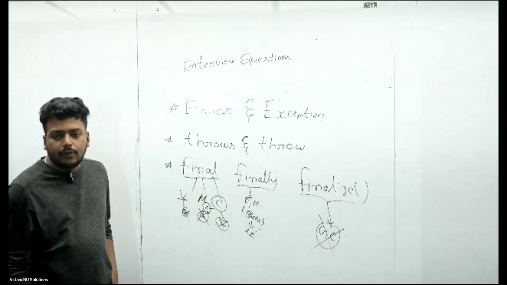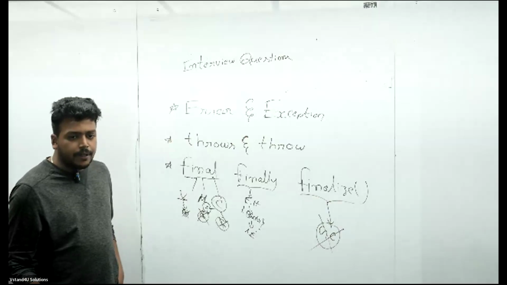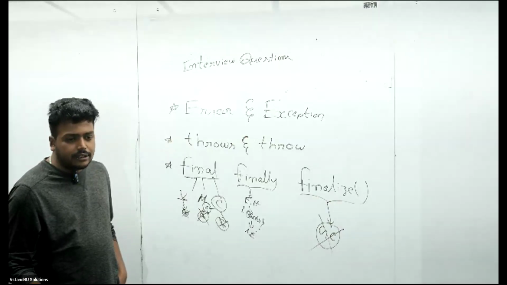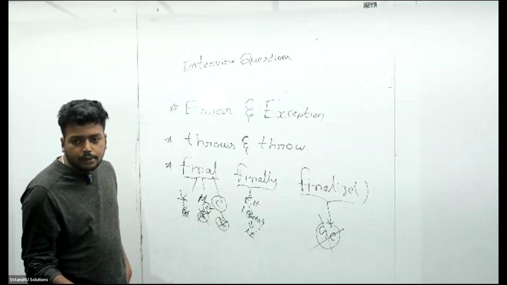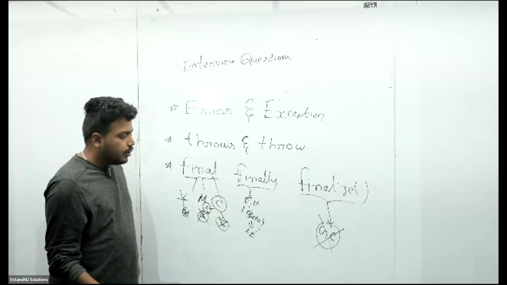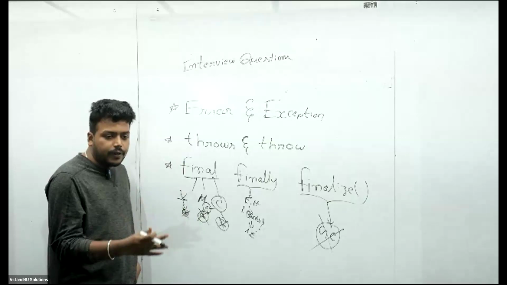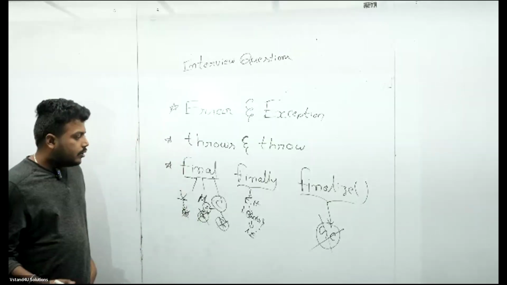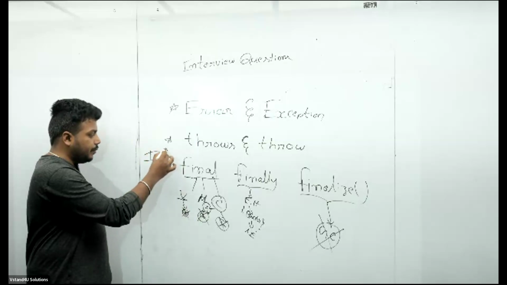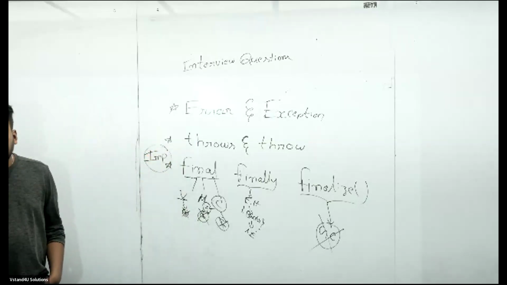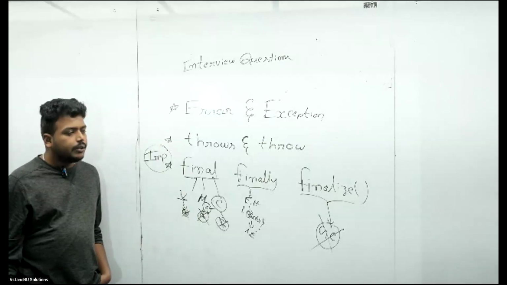It removes the unwanted, unnecessary things in Java. Before garbage collection, the finalize method does its work. Now you understood the difference between final, finally, and finalize. This is a very important interview question when it comes to the topic of exception handling.